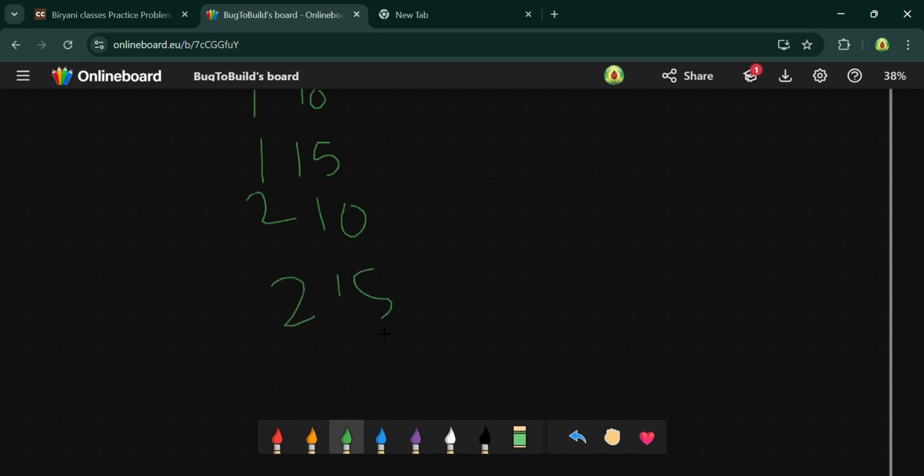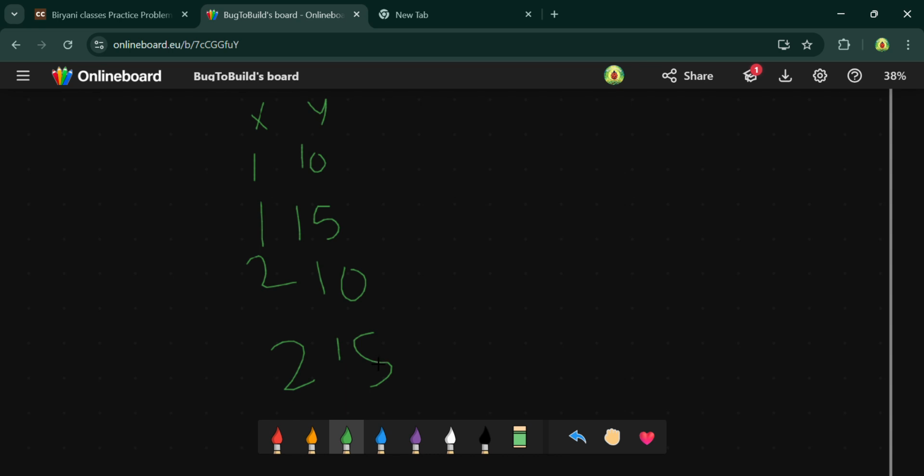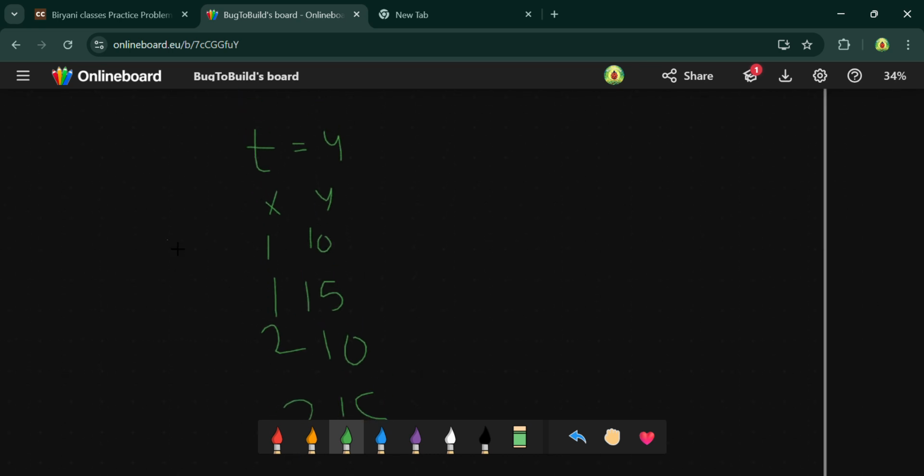Okay, so here X and Y are given, and the number of test cases is 4, which is 1, 2, 3 and 4.